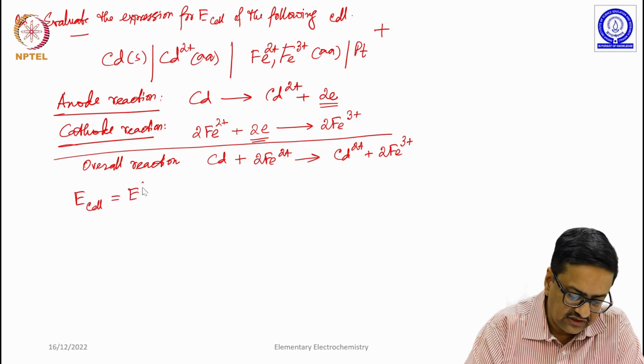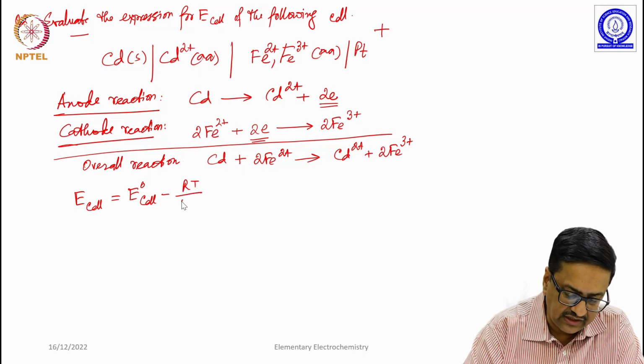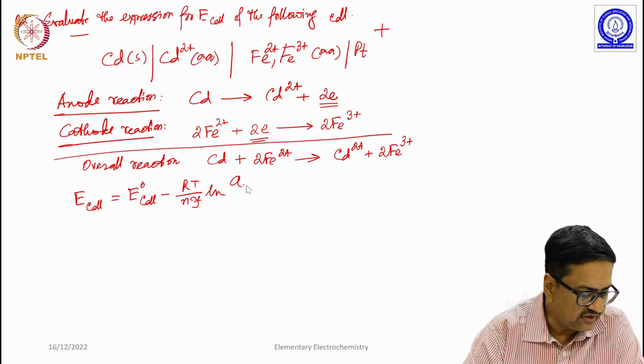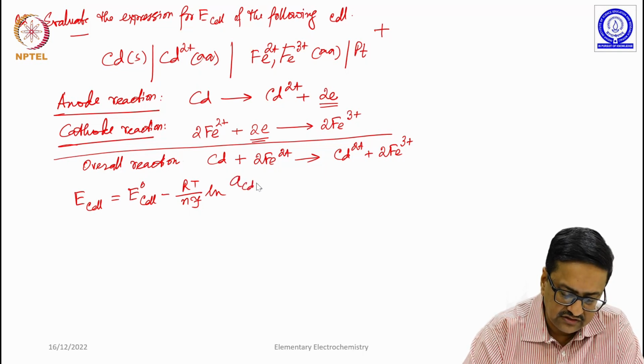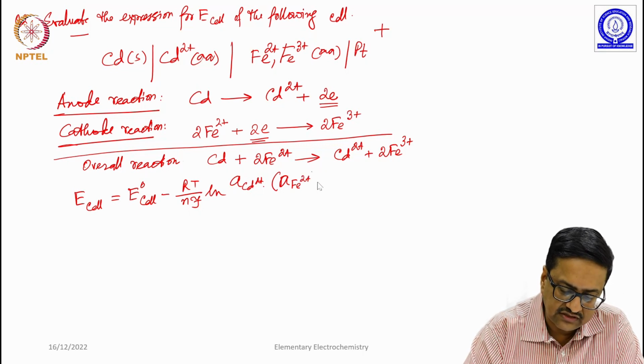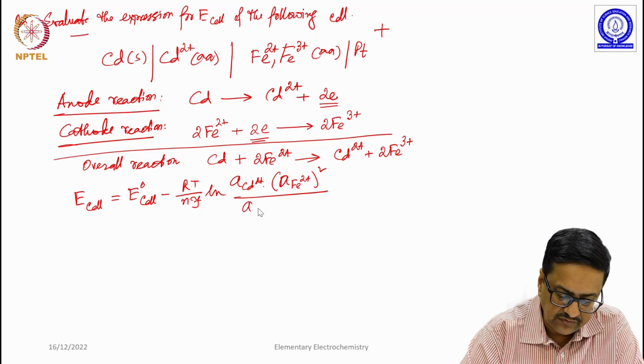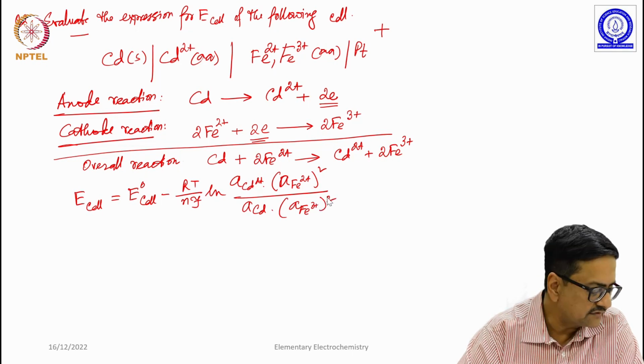So we can write E cell as E0 cell minus RT by NF ln of the activity of Cd2 plus into the activity of Fe2 plus squared, divided by the activity of Cd into the activity of Fe3 plus squared.